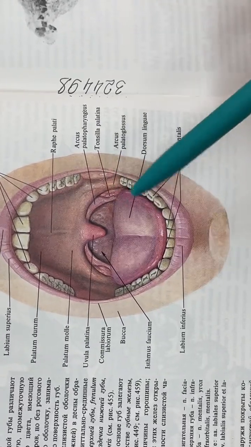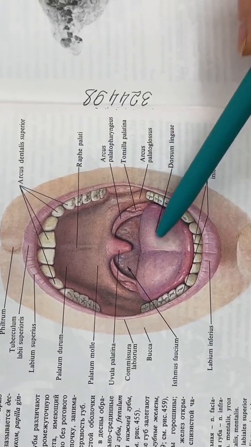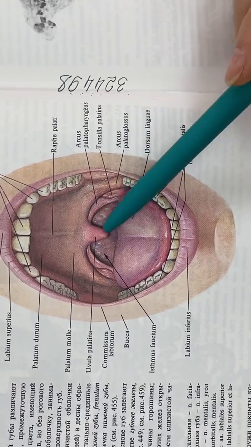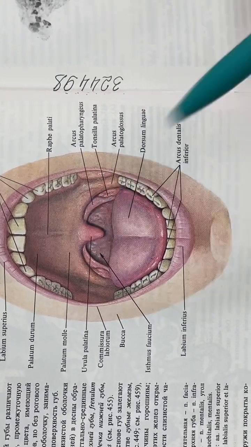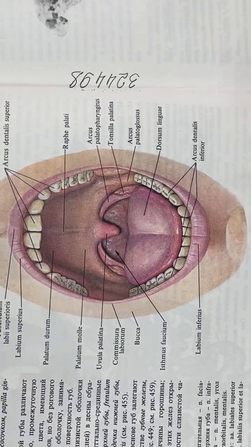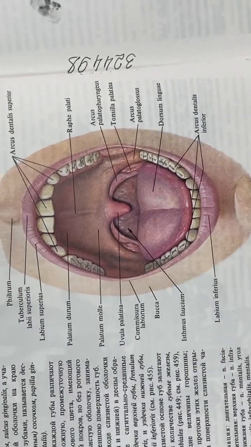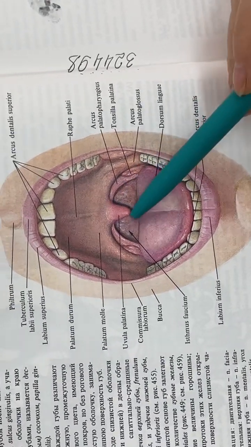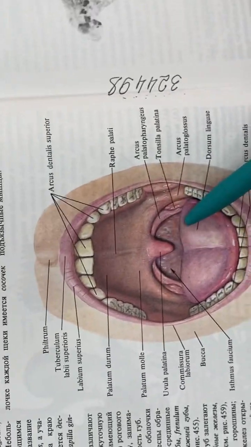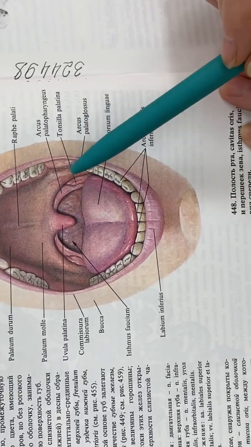So this opening, it is bordered by what? Below we see the tongue, above soft palate, okay? In the middle of the soft palate there will be a small tongue, how we call it? It is uvula. Uvula, and on the side of the uvula there will be two folds, or pillars, palatine pillars or folds.